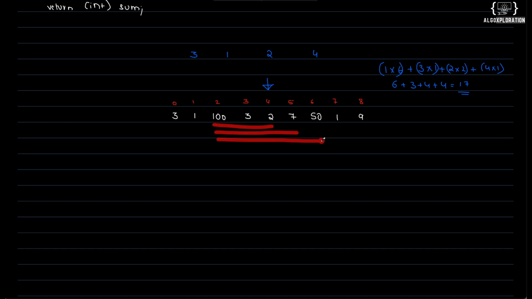Now, if I have 1 in that subarray, 2 will not act as a minimum. So I need to check the boundaries. Now, if I go on the right hand side, if I include 7, 2 can act as a minimum. If I include 50, 2 can act as a minimum. But if I include 1, 2 cannot act as a minimum.